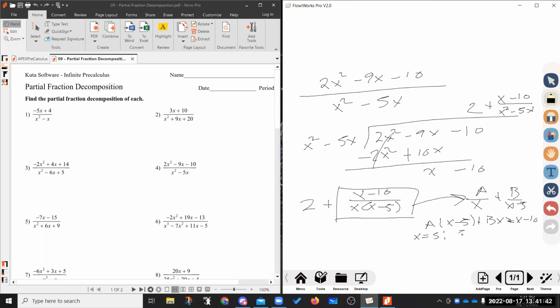When that happens, 5b is equal to -5 and b is -1. And then I'm going to let x equal 0. And when that happens, -5a is equal to -10 and a is equal to 2. This is 2 plus 2 over x minus 1 over x minus 5.